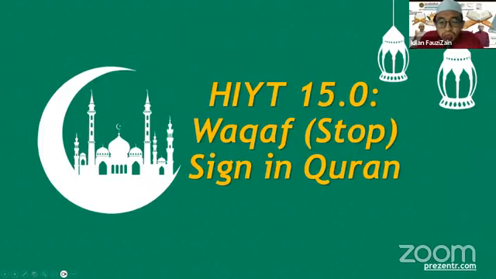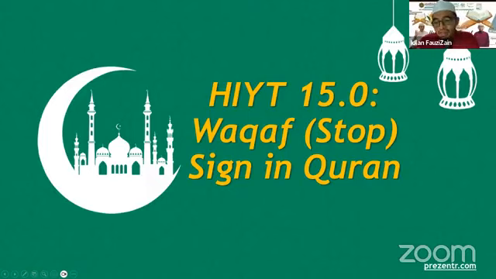Okay, so for the last session, we learned about the wakaf sign in Quran. Actually, wakaf has quite a lot of principles, but this part is one of them, where we learn the meaning behind each sign, because we can actually stop in the middle of the ayah even though there is no sign.